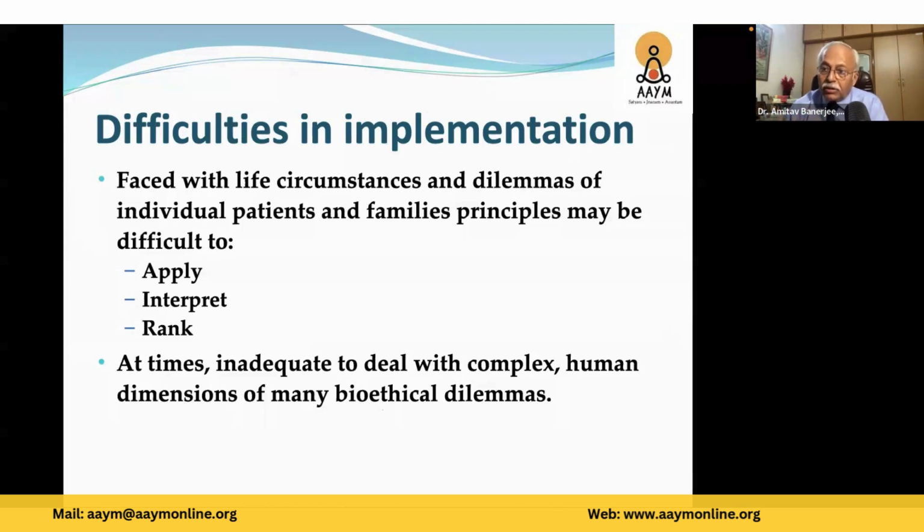How do you rank the larger good or the individual good? Or say smoking also, a person has a right to smoke, but passive smoking is harmful. So now they change the laws so that you cannot smoke in public places, to protect the beneficence of others. So sometimes there may be very complex human dimensions and bioethical dilemmas.